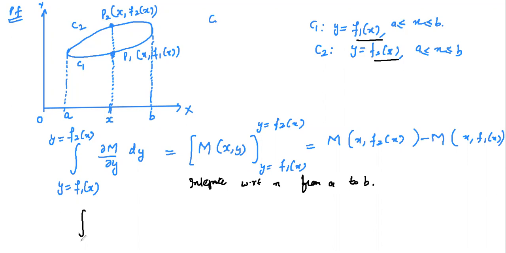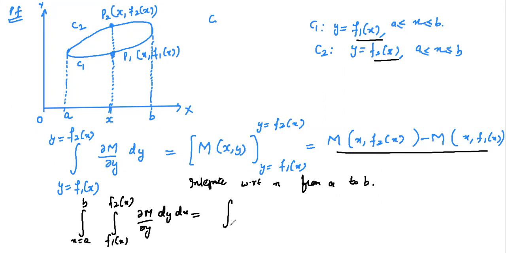So we get the integral for x from a to b, of the integral from f1(x) to f2(x) of ∂M/∂y dy dx. So it will be equal to the integral from a to b of M(x, f2(x)) minus M(x, f1(x)) dx.